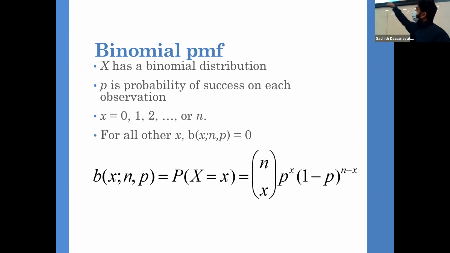This gives the point probabilities, the probability that capital X equals simple x. Your binomial coefficient n choose x in front, and p to the power x times 1 minus p to the power n minus x. You have to remember this one. P and 1 minus p are like opposites, right? 1 minus p means the negation.